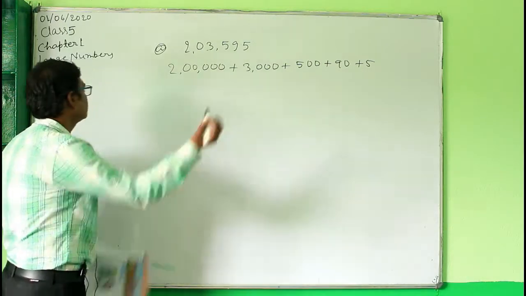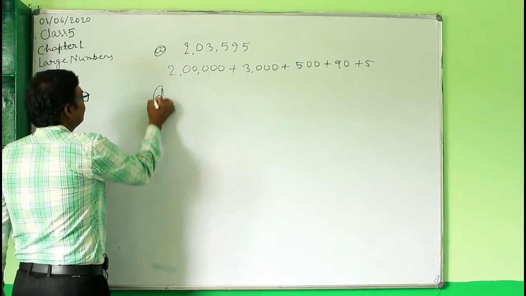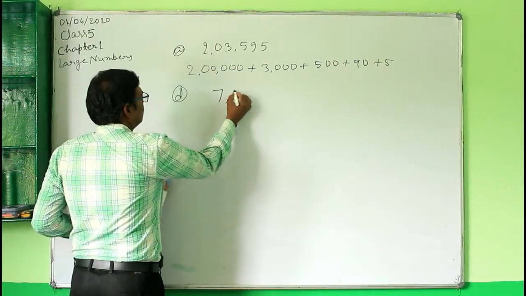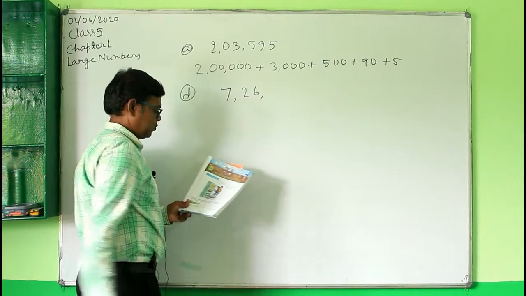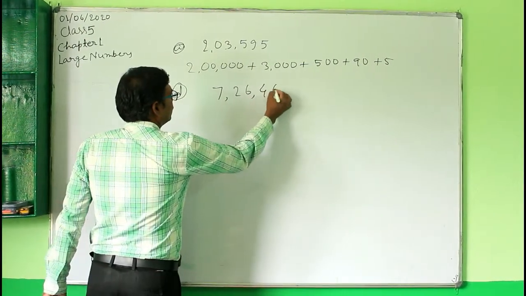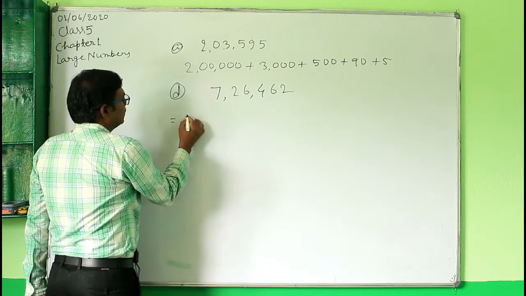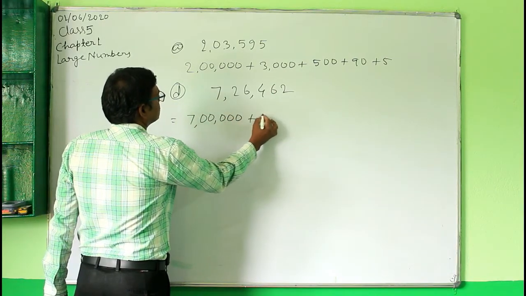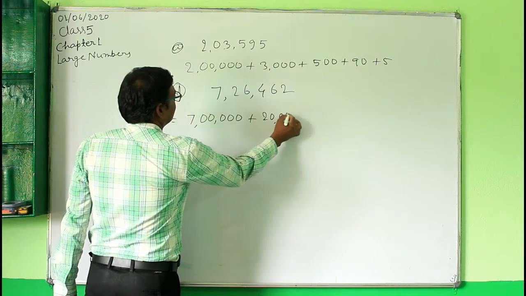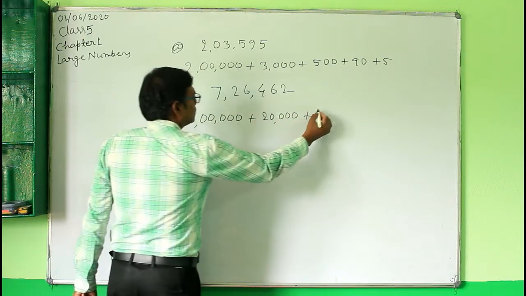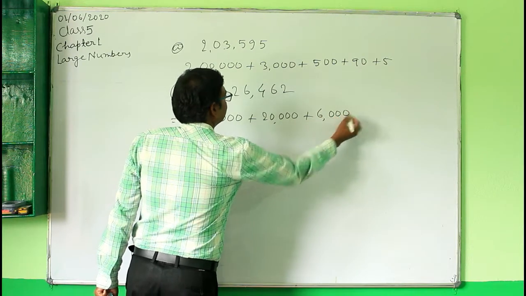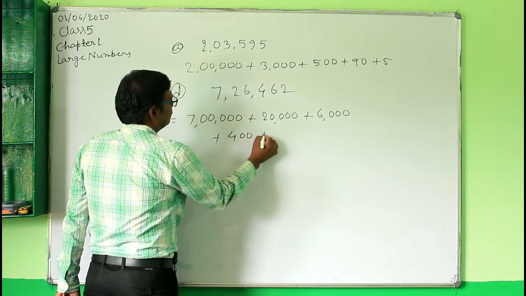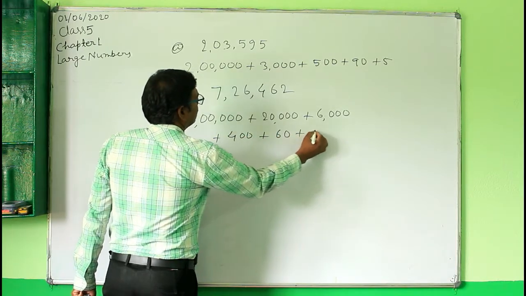And then I will solve question number D. Okay, D here. It is 7,26,462. So it will be written as 7 lakh plus 20,000 plus 6,000 plus 400 plus 60 plus 2.